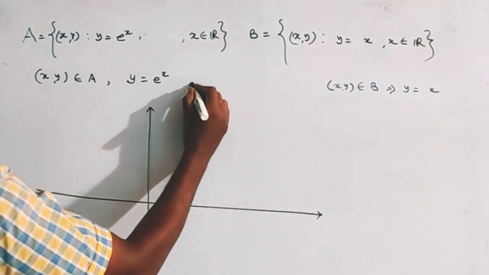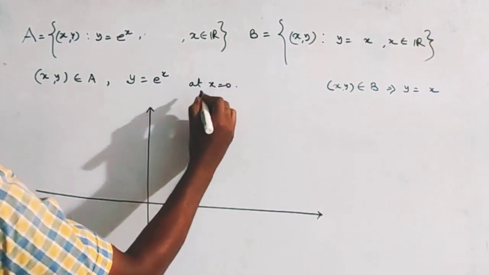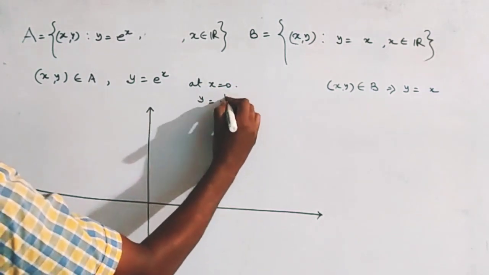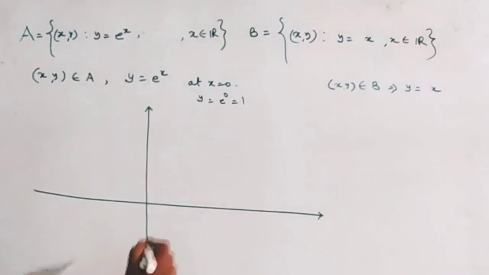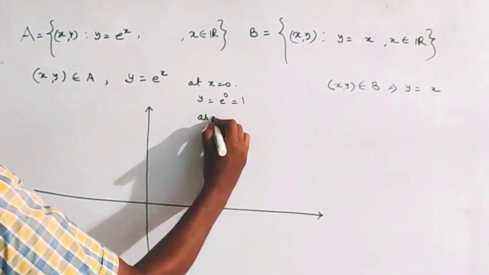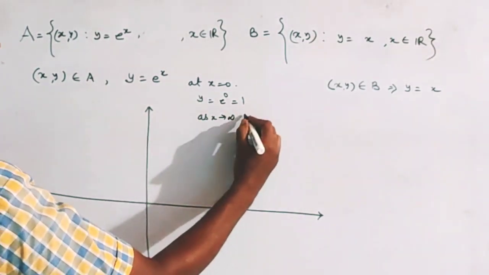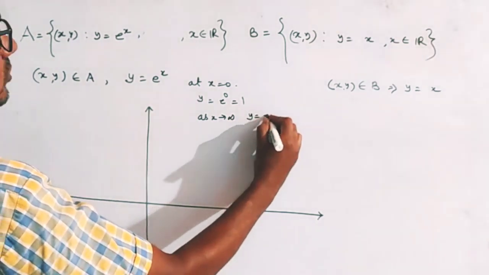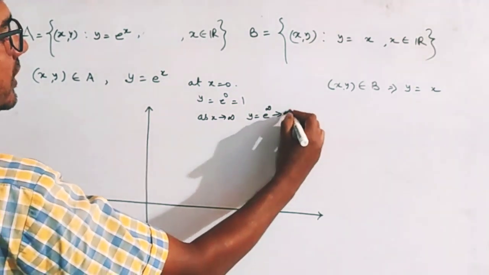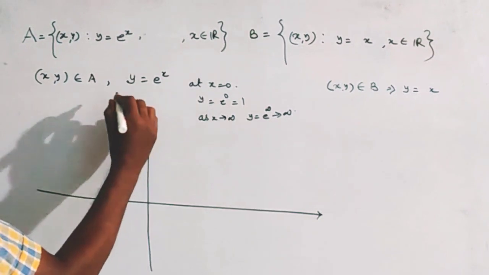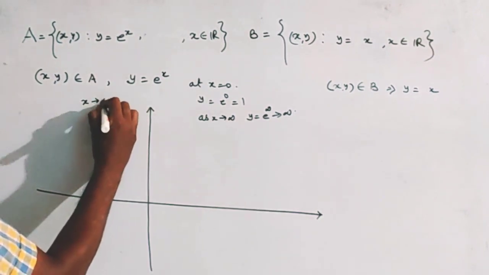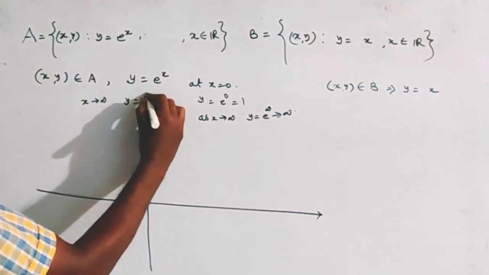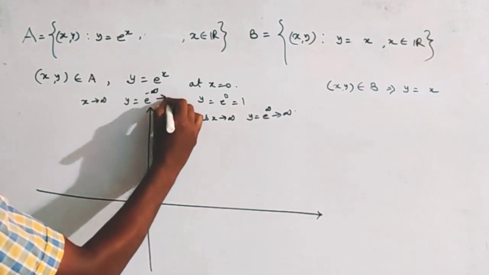We know that at x equal to 0, y equals e to the power 0, which means 1. As x tends to infinity, y equals e to the power infinity, which tends to infinity. Similarly, as x tends to minus infinity, y equals e to the power minus infinity, which tends to 0.